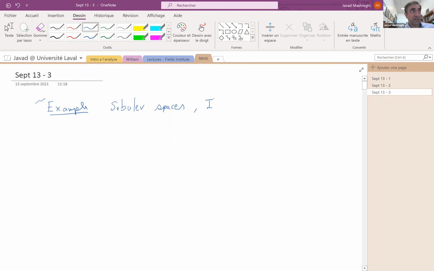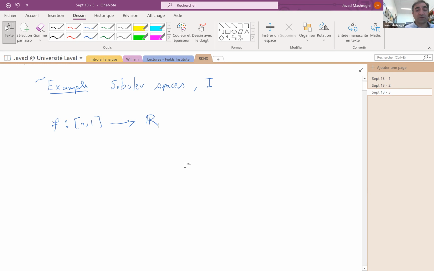What is an absolutely continuous function? In particular, we stay on [0, 1] with values in R. We can see that the real case, the complex case is similar. This is just to avoid putting bar all the time.